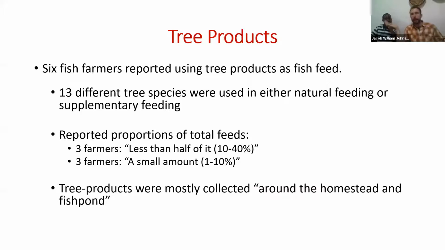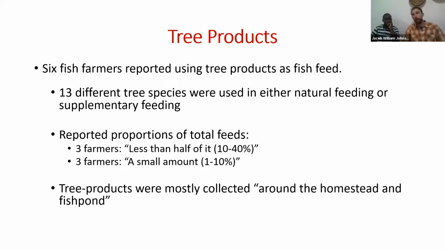So where do tree products fit into all of that? 6 farmers that we interviewed reported using tree products as fish feed. 13 different tree species were used as either natural feeding or supplementary feeding, but they were used in low quantities. So reported proportions that farmers said: 3 farmers used less than half of their inputs as tree products, and another 3 said they used an even smaller amount, about 1 to 10%.